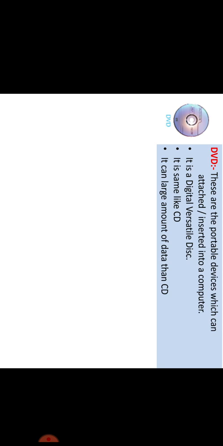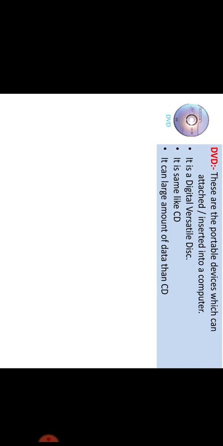The CD and DVD look the same. DVD is a portable device which can be inserted into a computer.